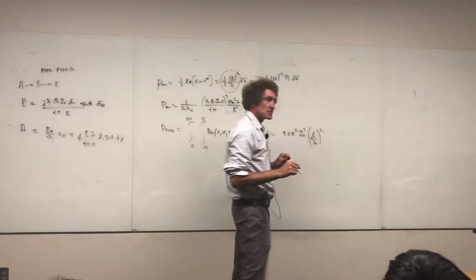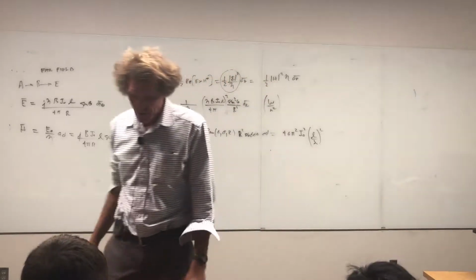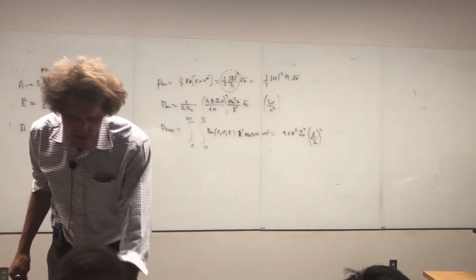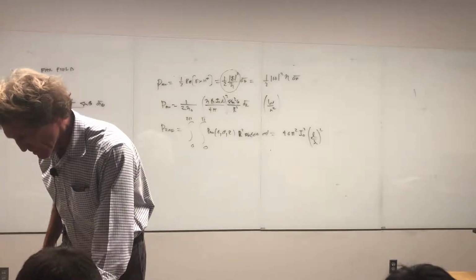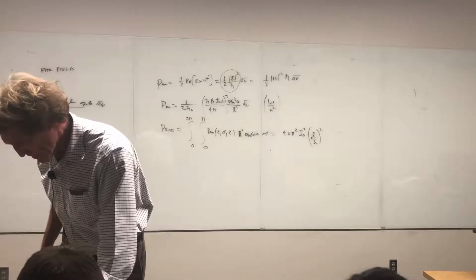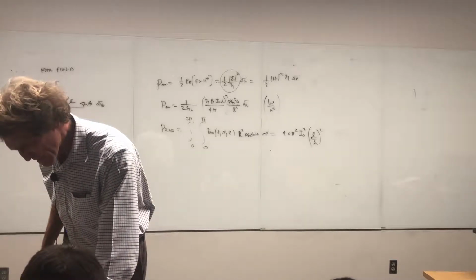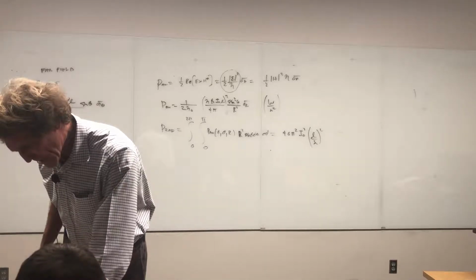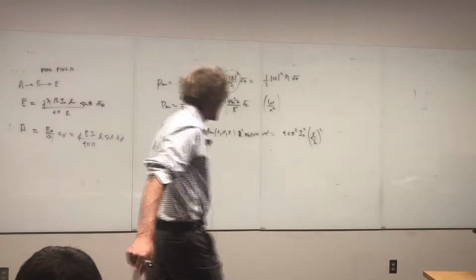Now he has this in his book. If you have your book, look at the total power radiated from a short dipole. Yep, and it's 40 pi squared times (L over lambda) squared times I squared.